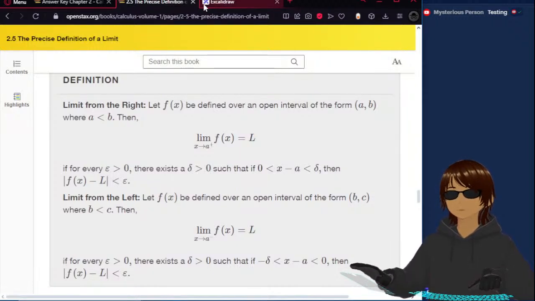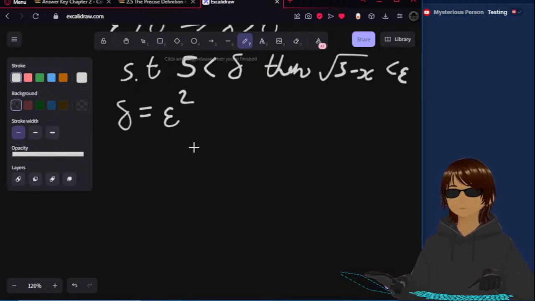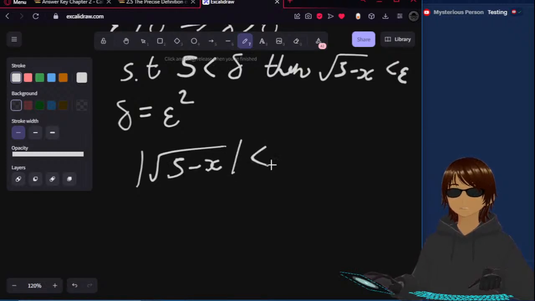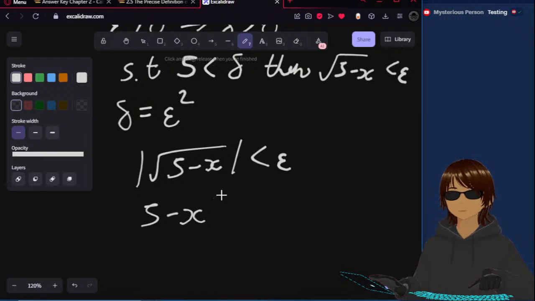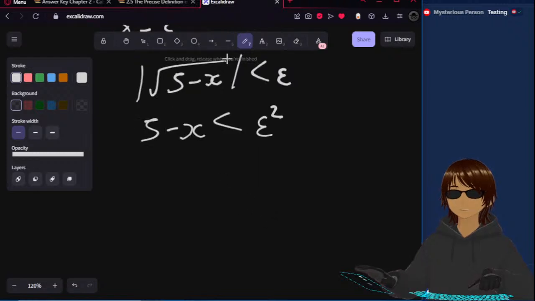Then what? And epsilon is this. And if you square it like this, you don't need modulus because it's going to be positive anyway. And then what? 5 minus x.